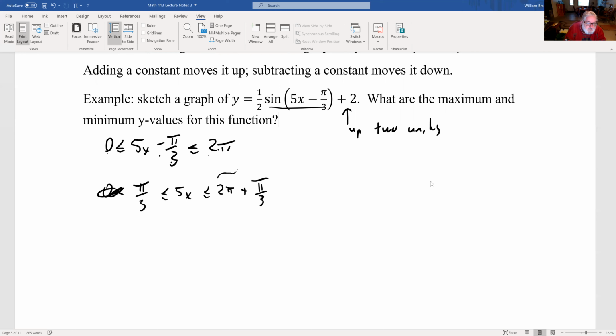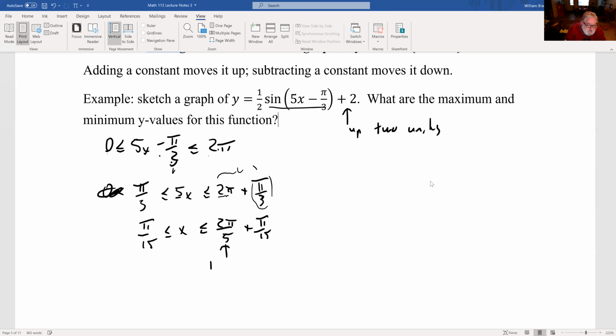Personally, I don't turn that into one thing, because this is the length of the cycle, and this is the shift from the pi over 3. And now we divide by 5, so we get pi over 15 less than or equal to x, less than or equal to 2 pi over 5 plus pi over 15.